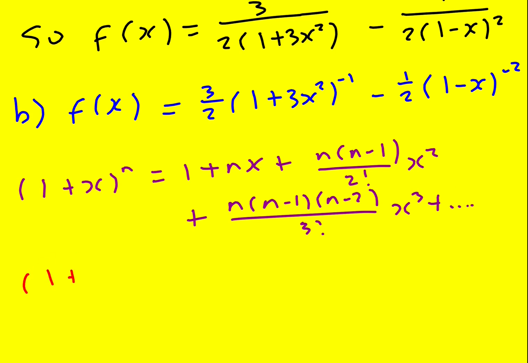Therefore, 1 plus 3x squared to the minus 1. Okay, I'm dealing with it exactly the same. I replace all my x's by 3x squared though in this case.